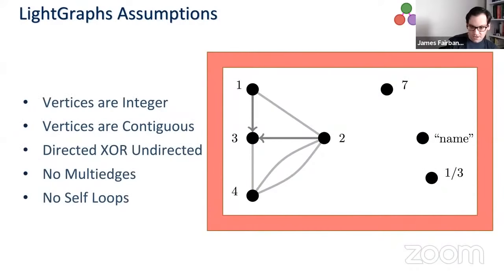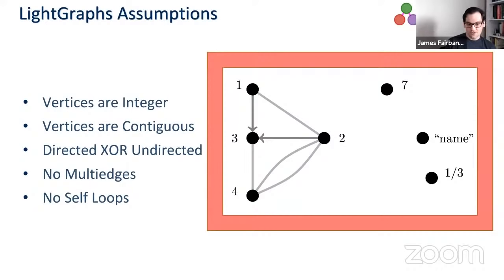So LightGraphs makes a couple assumptions about what is a graph. We assume that vertices are integers, that the vertex set is contiguous, and that any graph is either directed or undirected. Some statistical tools use mixed graphs, where some edges are oriented and some edges are not, so that's not allowed in LightGraphs. We don't represent multi-edges.